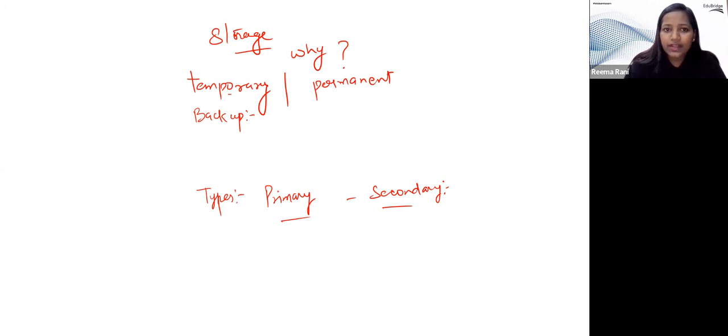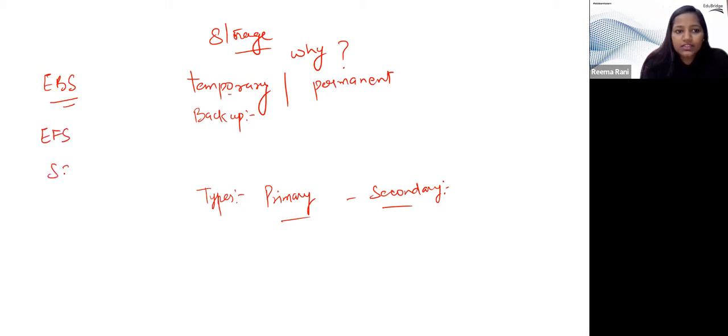In the similar way, in cloud we have different types of storage, and we use them as per our requirement. First of all, we will discuss EBS, then EFS, and at last S3.